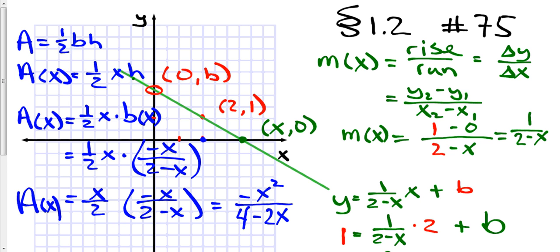It has to be in the first quadrant, right? If I've got a value of x right here, can I make a line between that and (2, 1)? Absolutely I can. But where's the triangle?